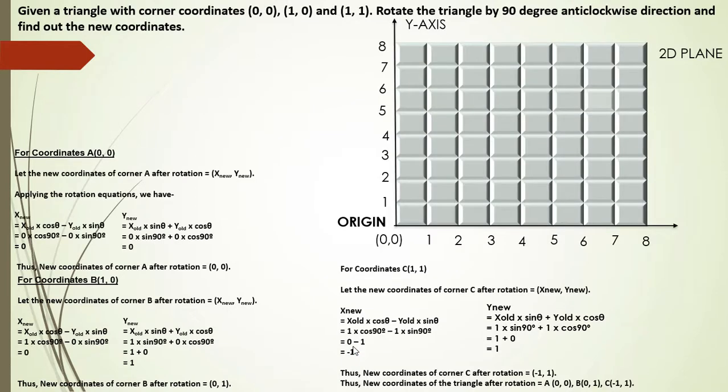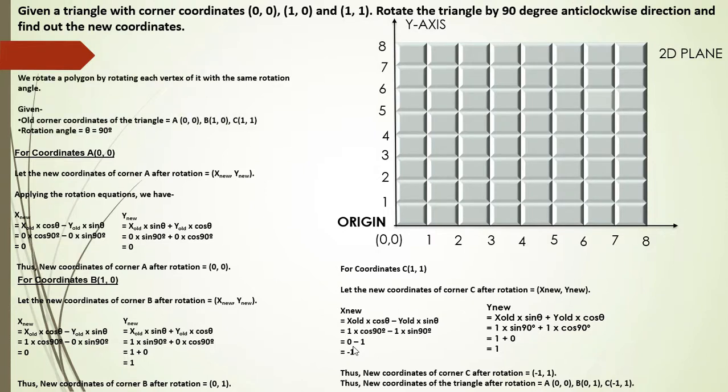Now let us take an example. Given a triangle with corner coordinates 0, 0, 1, 0 and 1, 1, we need to rotate the triangle by 90 degrees in the anti-clockwise direction and find the new coordinates. When we rotate a polygon, we rotate each vertex of it with the same rotation angle.